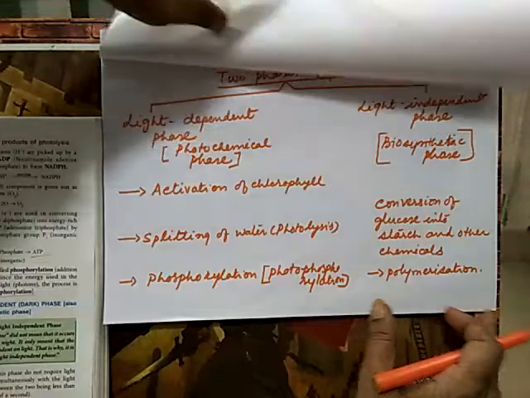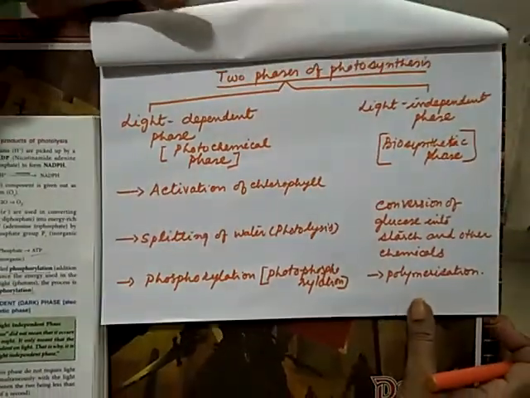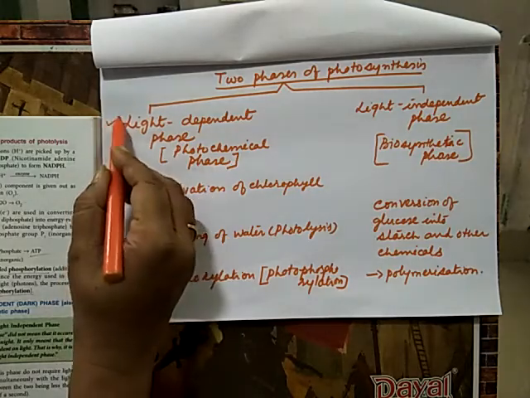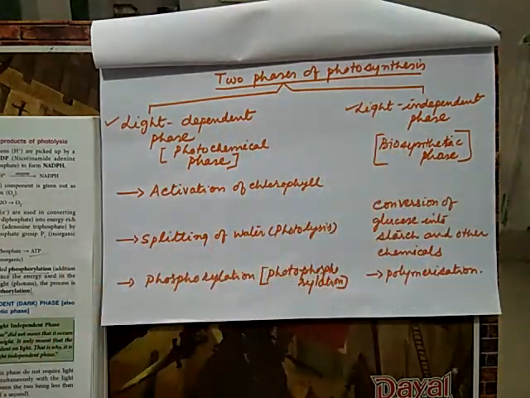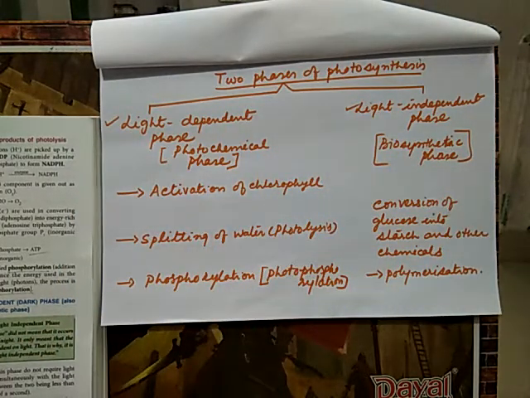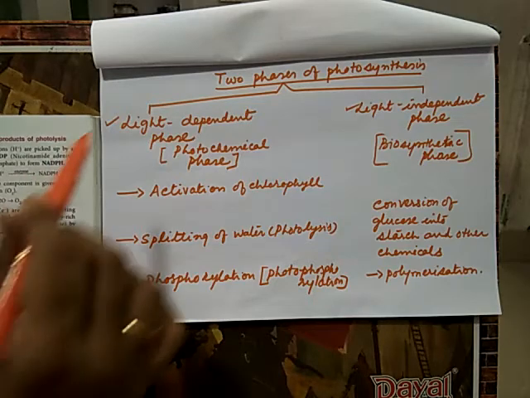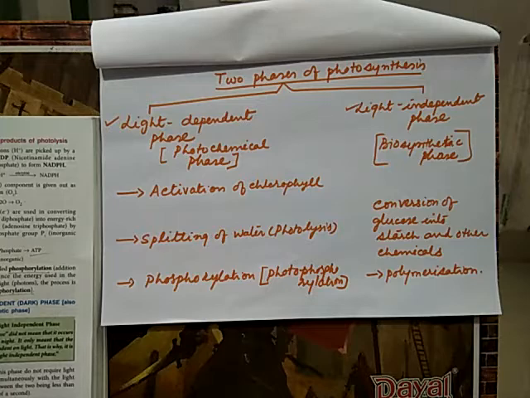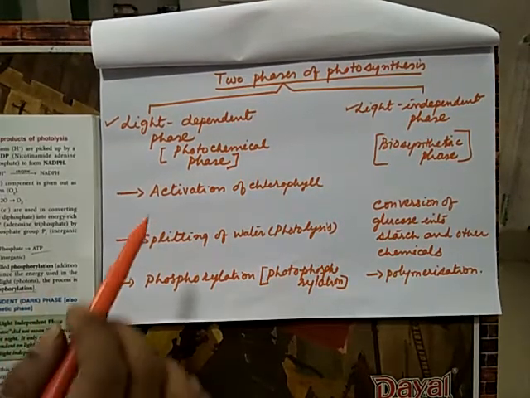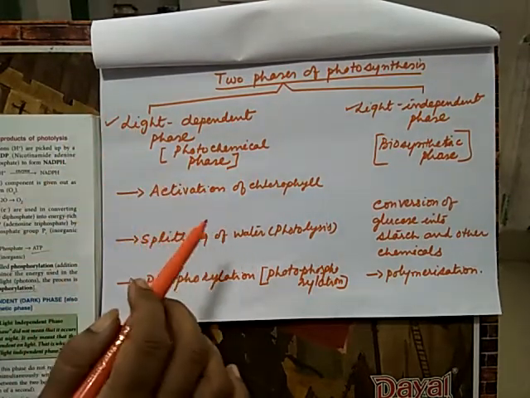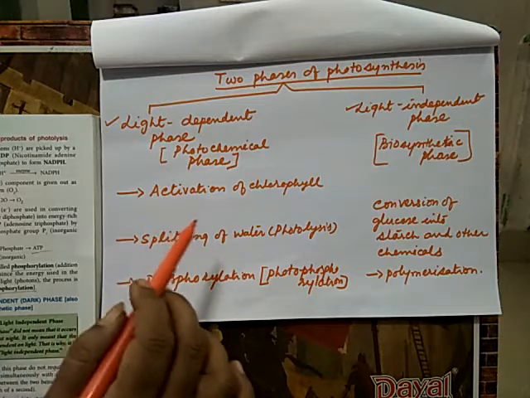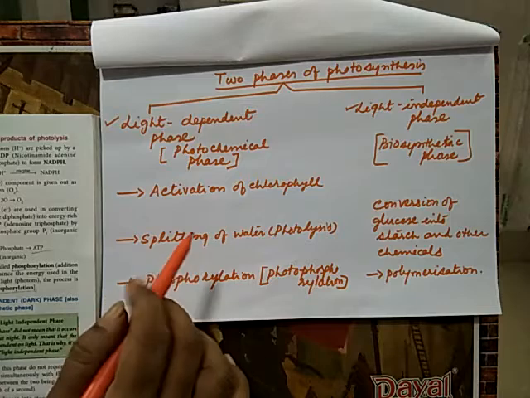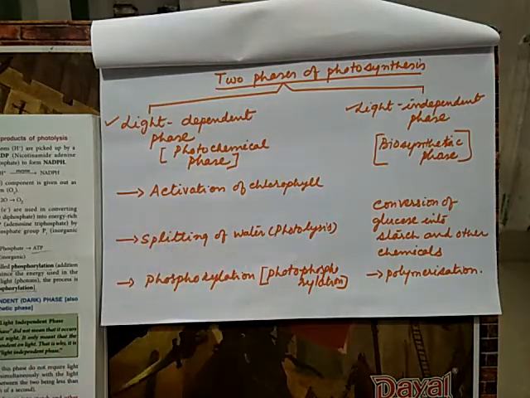Now the two phases of photosynthesis, the mechanism portion, we can go through. There are two phases actually. One is the light dependent phase, the other one is the light independent phase. In the light dependent phase, light plays an important role, and this phase is also called the photochemical phase.